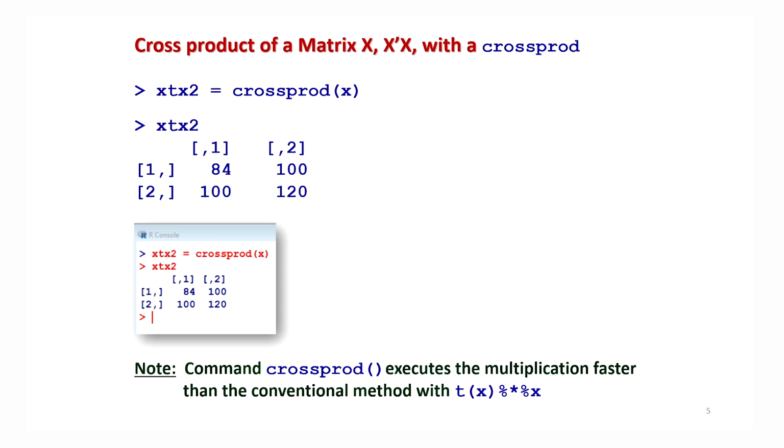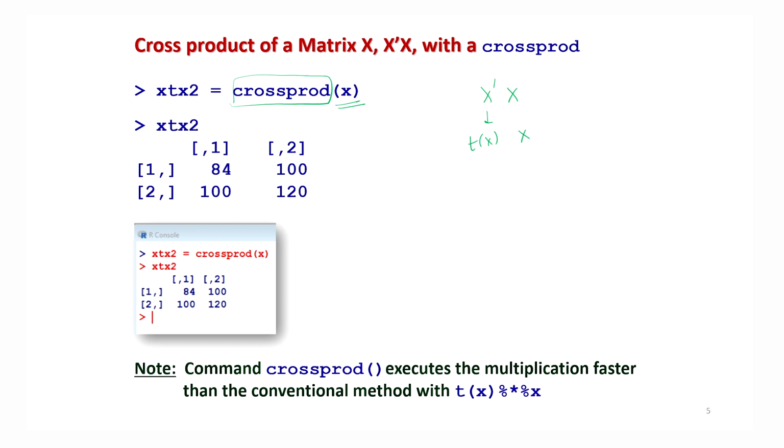If you want to find such a product like x transpose x, where x is a matrix, that means you are trying to find its transpose and then multiply with the matrix, then there is a built-in function here, crossprod, and inside the parenthesis you write x.